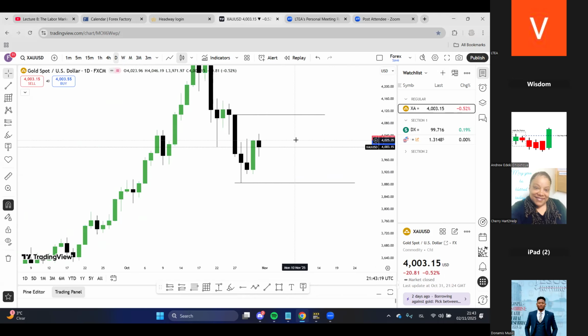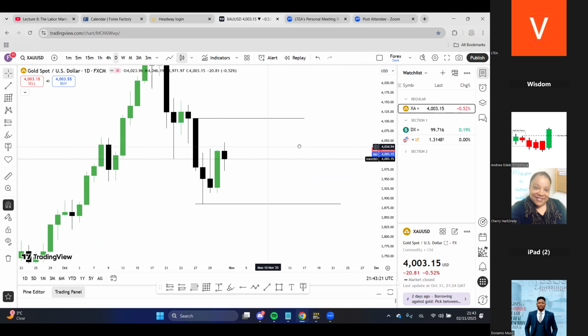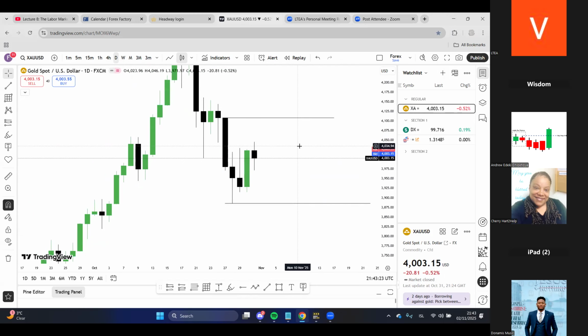Now, looking at this price action, are you a person who just goes down to the 4 hour to look for a structure and just follow that structure, or are you the kind of person that looks at structure from a higher time frame perspective? That is for you.